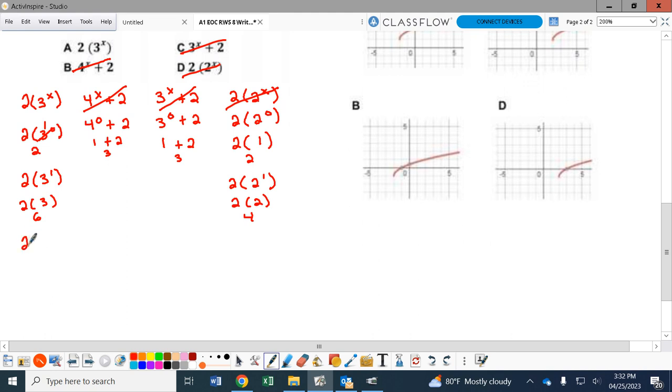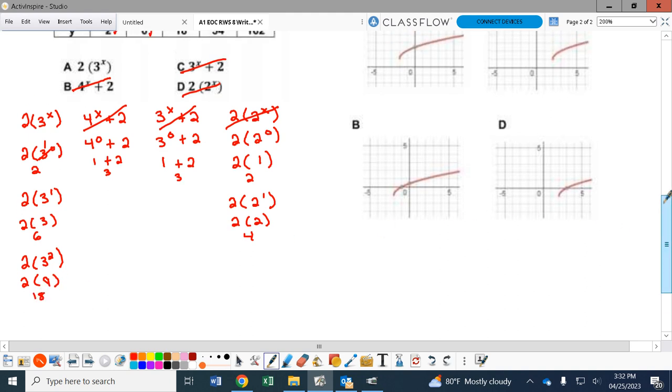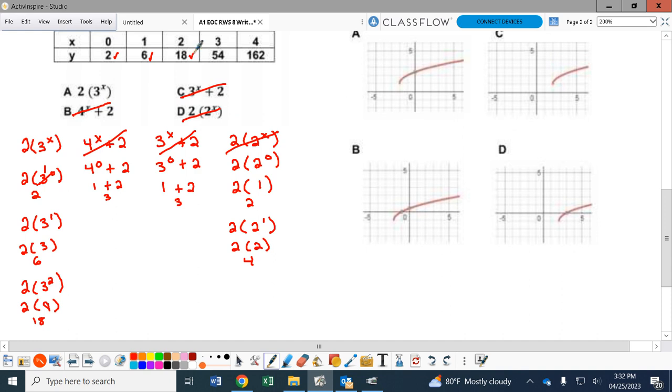So 2 times 3 to the 2nd is going to be 2 times 9, which is going to be 18, which as you can see in your table, it does equal 18.